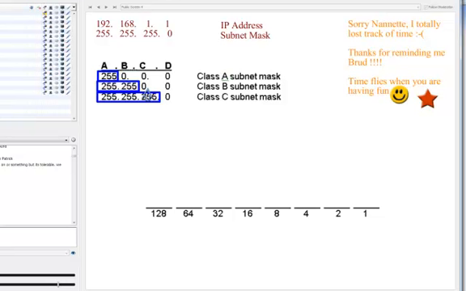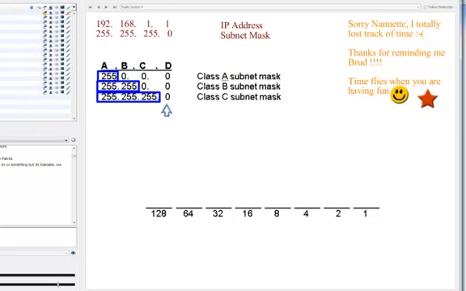Okay. So again, it's very important that you understand what the network portion is versus the host portion, okay? And hopefully it's not too complicated. I know it's a lot if you're learning it for the first time. Class C uses 3 octets to represent the network portion and then only 1 to represent hosts.